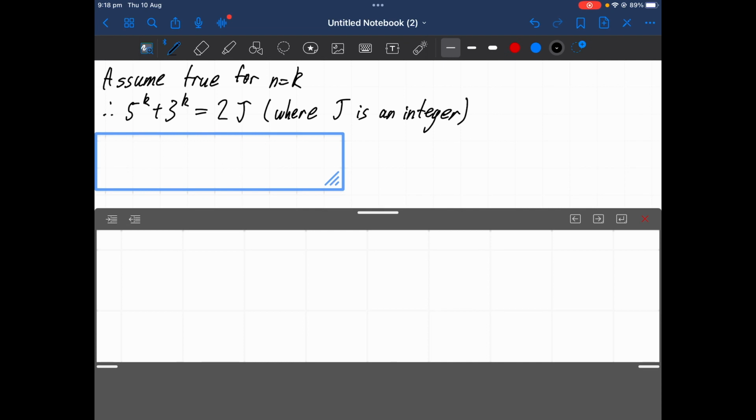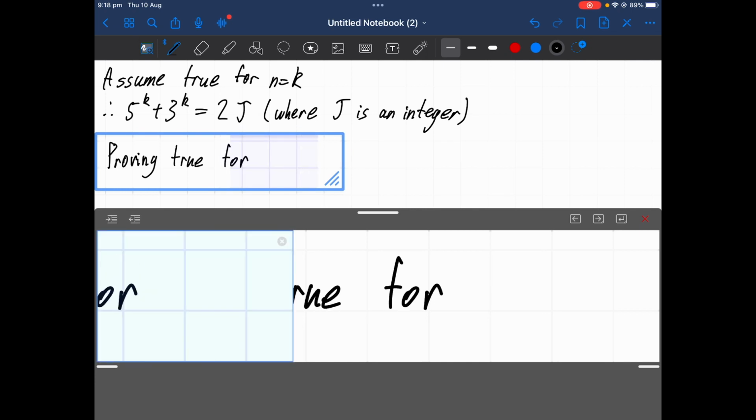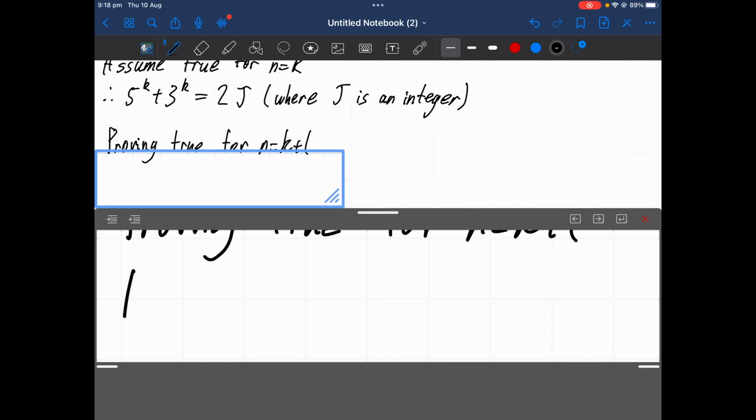Okay, so let's follow on with our inductive step now. We are trying to prove that it's true for n equals k + 1. Alright, so for the next integer. So well, what would that mean? Let's have our little required to prove step.